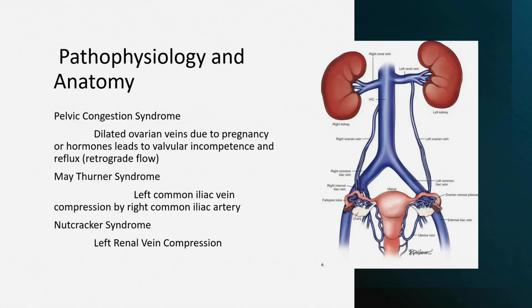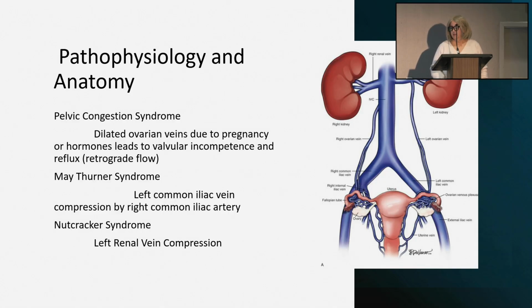So a little bit of anatomy and pathophysiology. If you're talking about deep vein disease in the pelvis, you have to talk about pelvic congestion, obviously most common in females, dilated ovarian veins due to pregnancy and hormones leading to valvular incompetence.